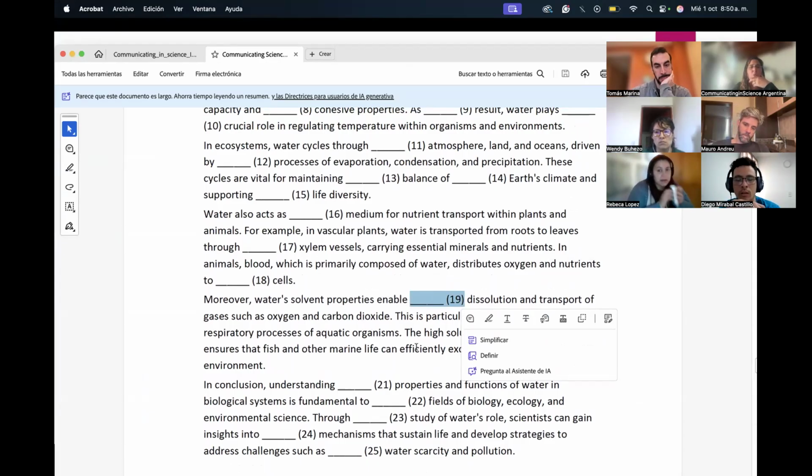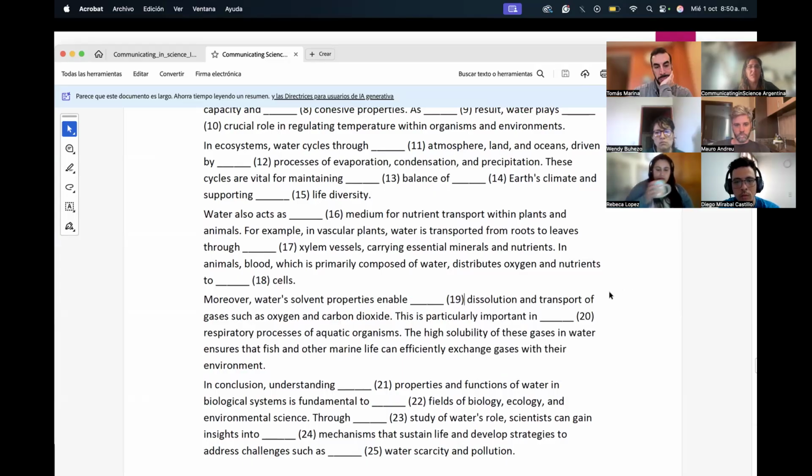No, a general statement. As it is, in this particular sentence, I don't think it sounds right if you leave it without the article. Water's solvent properties enable dissolution and transport of gases. For me, it sounds better: enable the dissolution, maybe.